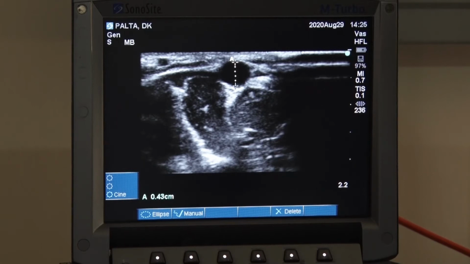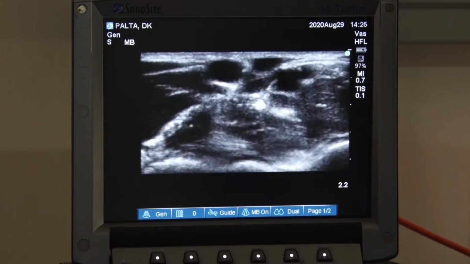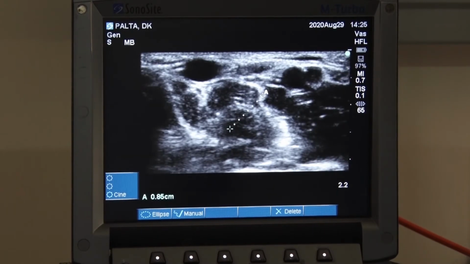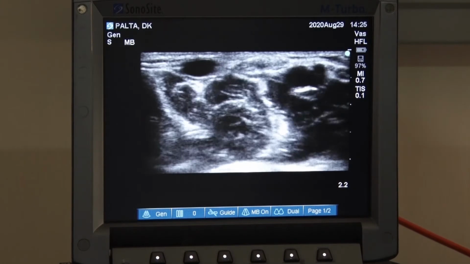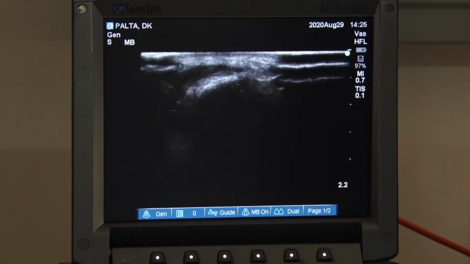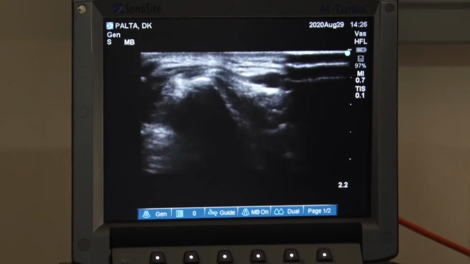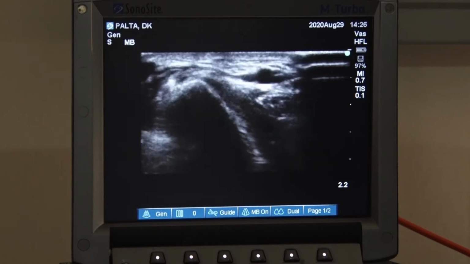So this is a very good vein, around 4.3 mm in diameter, and it's around 1.2 centimeters away from the brachial artery.